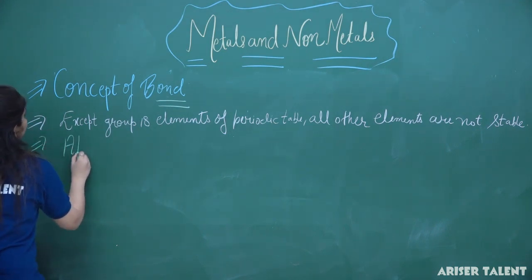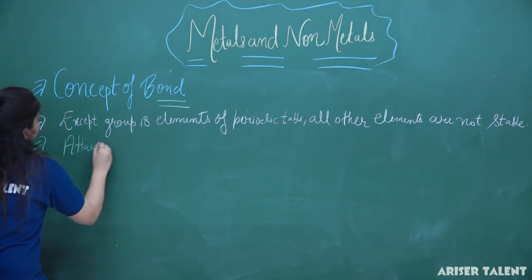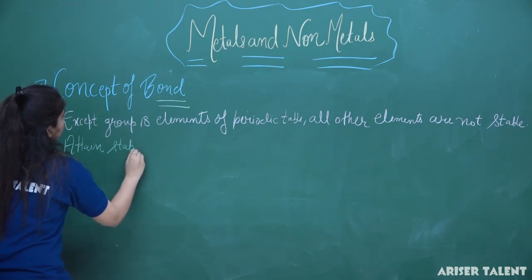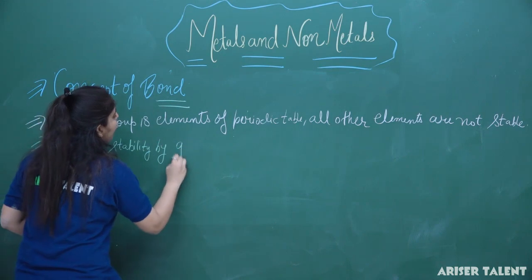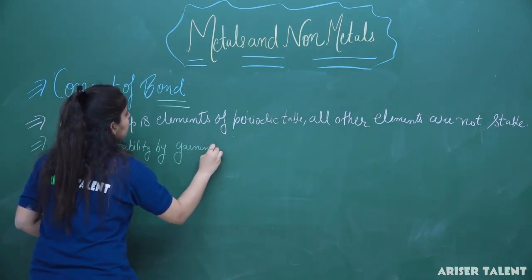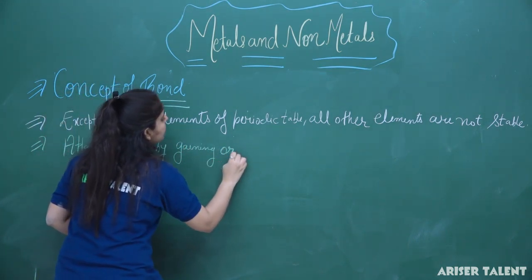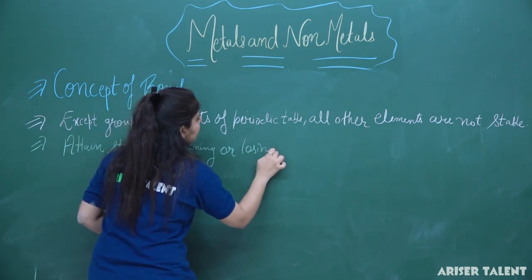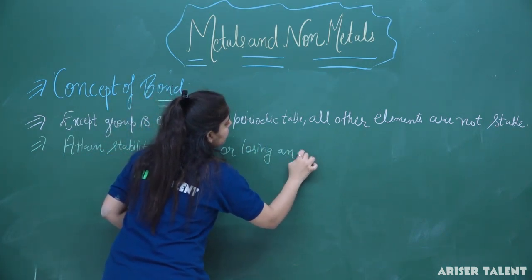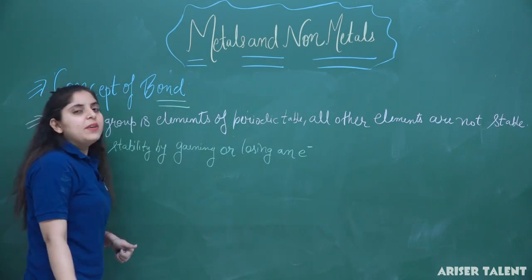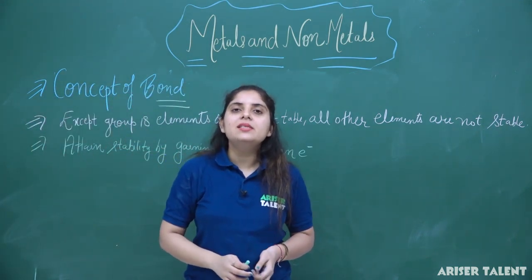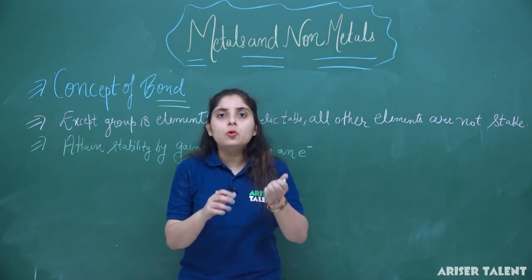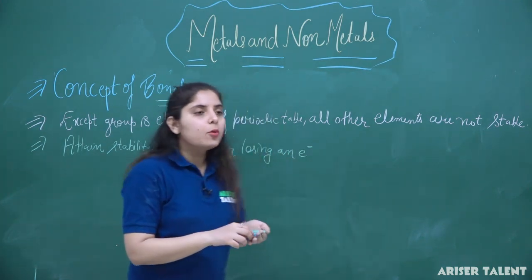So the second point is they will attain stability by gaining or losing an electron. We have already discussed that elements that gain electrons are electronegative, and those which have the tendency to lose electrons are known as electropositive elements.